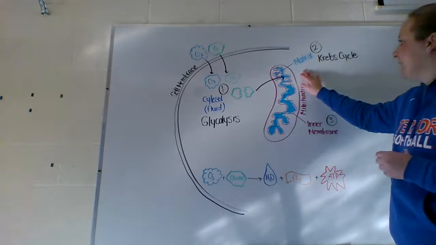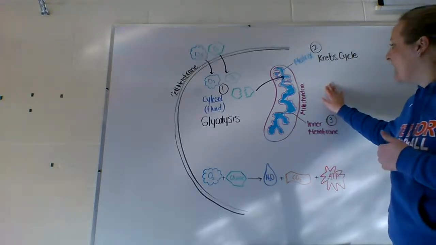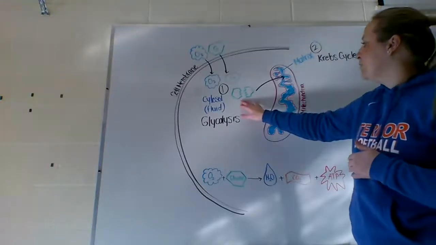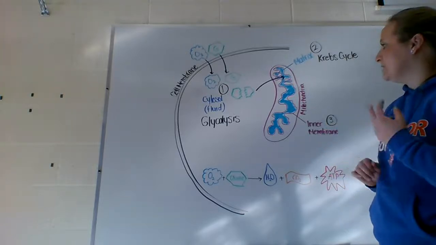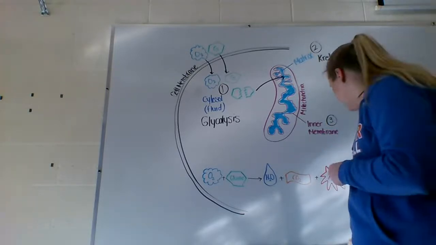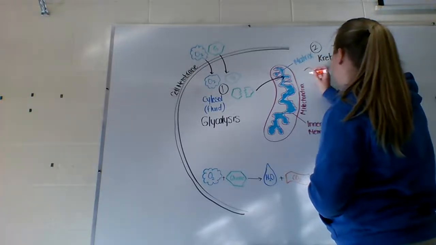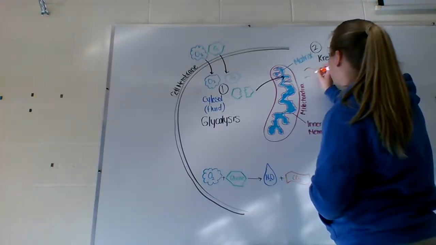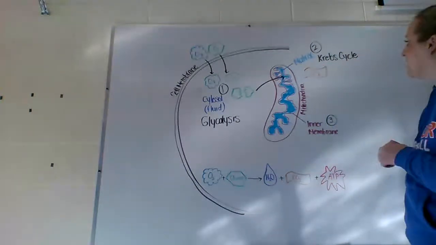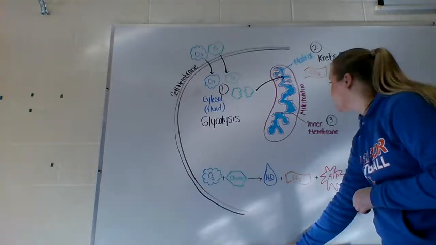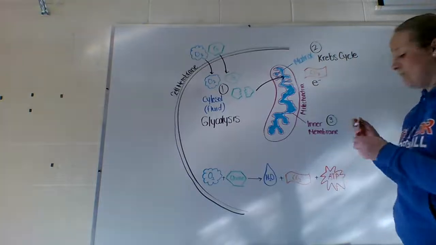And what happens in here, the matrix is a fluid, a liquid, and when pyruvic acid comes into contact with it, these pyruvic acid molecules are going to be broken down even more into two parts. It breaks down into carbon dioxide, which I drew in orange, and electrons.